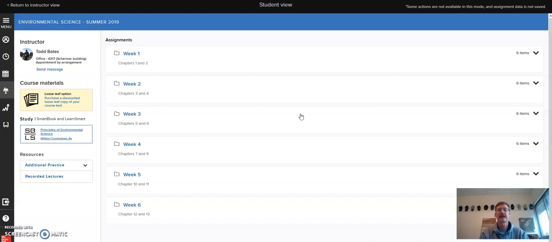Now, in Connect, there is access to an ebook. So to reduce the cost, you don't necessarily have to buy a physical textbook, unless you'd like that paper in front of you, which a lot of us do.